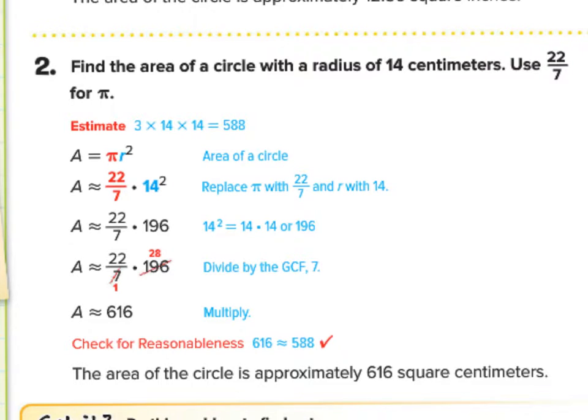So we have area equals pi times radius squared. The pi we're going to use is 22 over 7 times 14 squared. 14 squared is 196. And then we cross-reference, right? How many 7s are here? 28 and 1 here. So then we have 22 times 28 equals approximately 616.